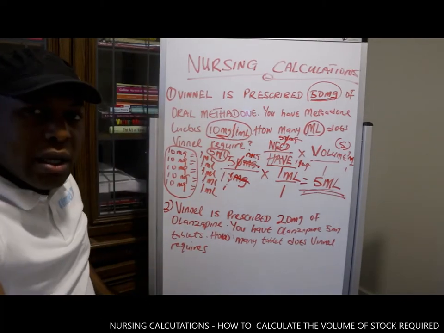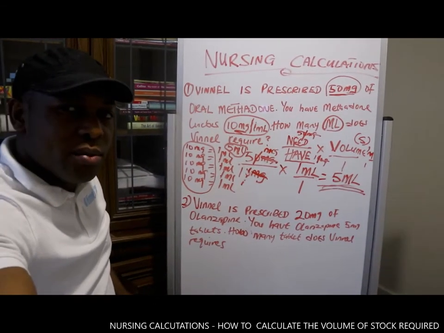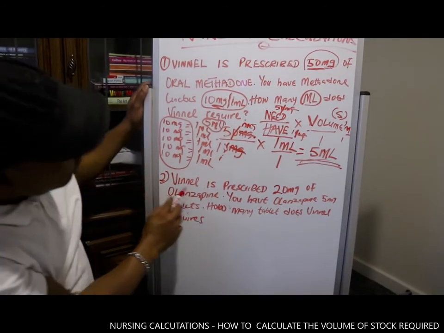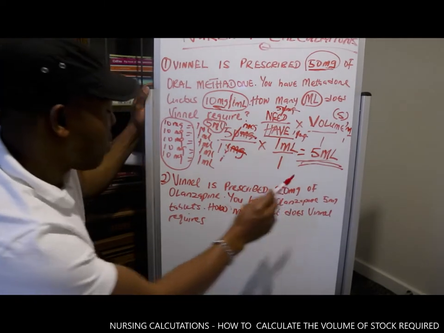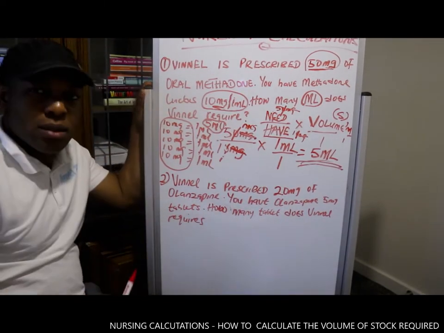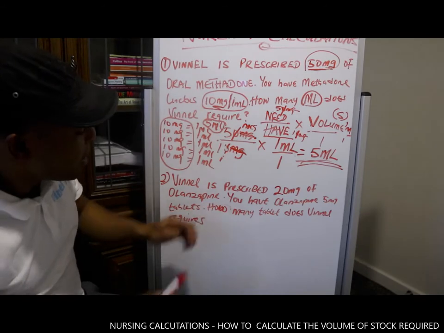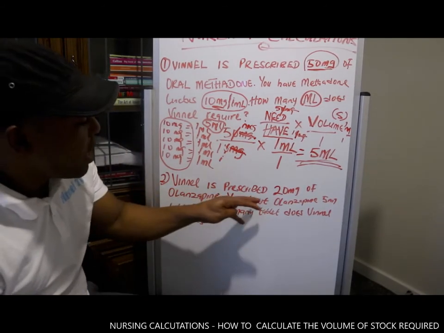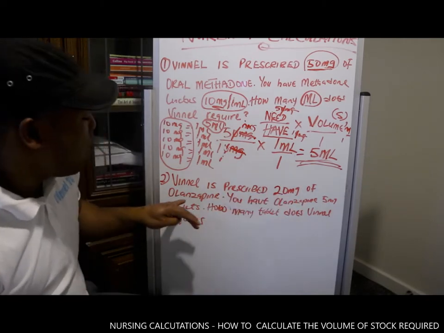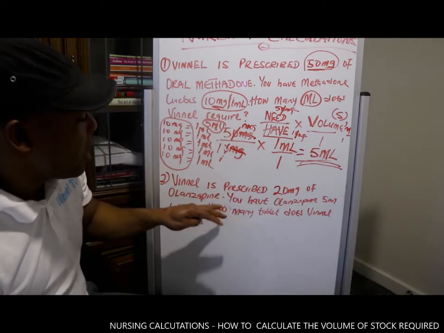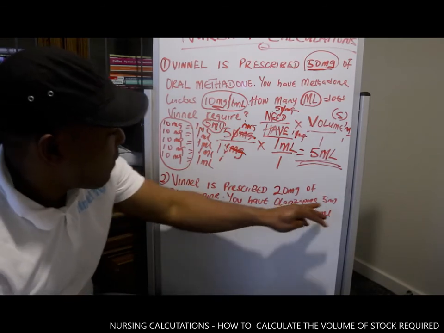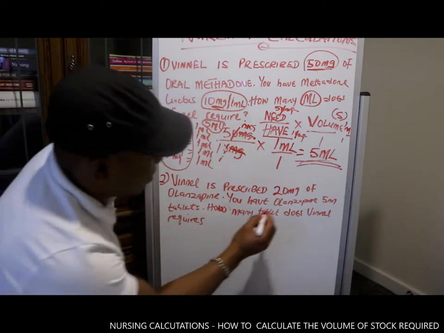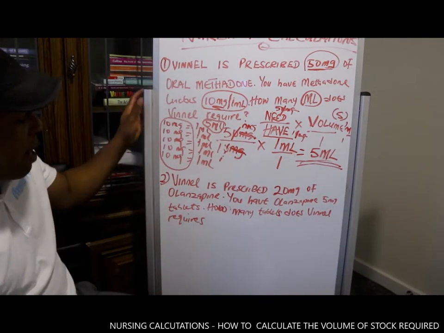Okay guys, now the other question I want to show you is, Vener is prescribed 20 milligram of olanzapine. Olanzapine is an antipsychotic medication. Now Vener is prescribed 20 milligram olanzapine, and you have olanzapine 5 milligram tablets. How many tablets does Vener require?